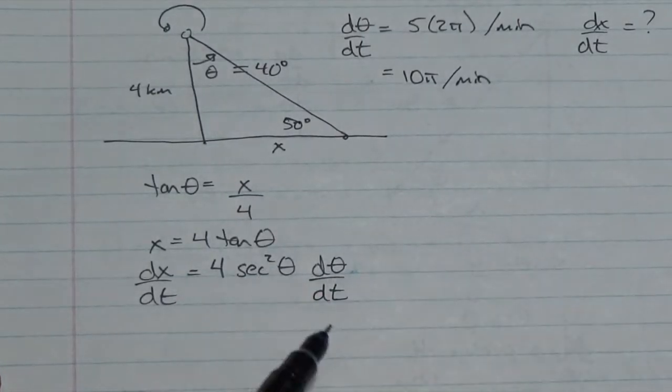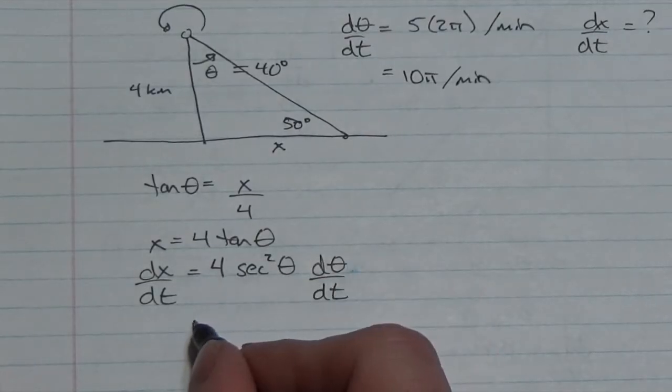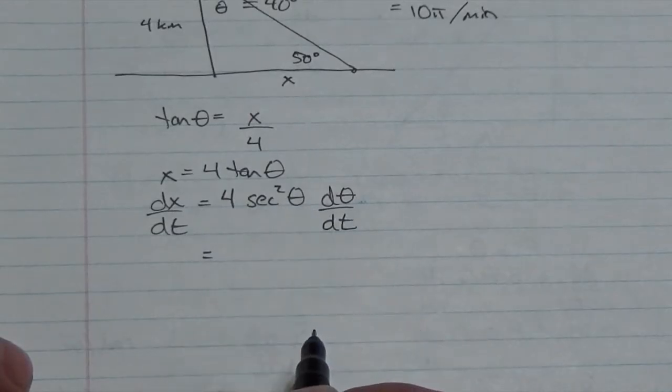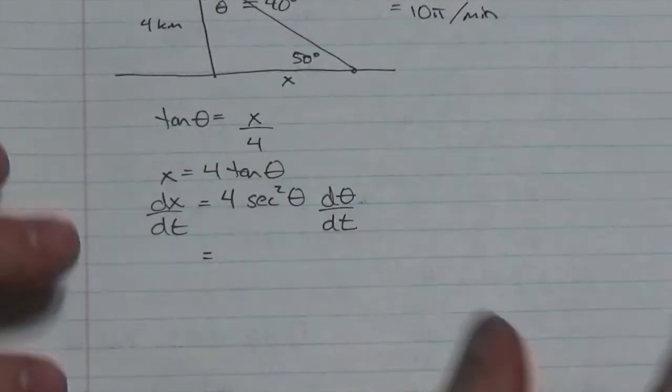So d theta by dt. And I'm okay with that because I already know what d theta by dt is. What I don't have right off the bat is theta. Oh wait, yes I do.